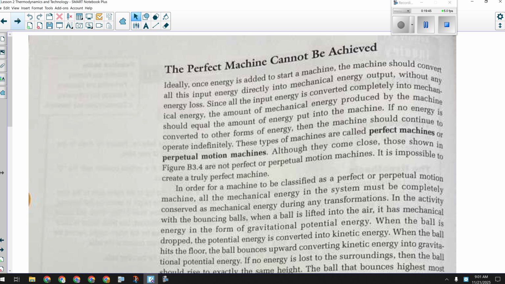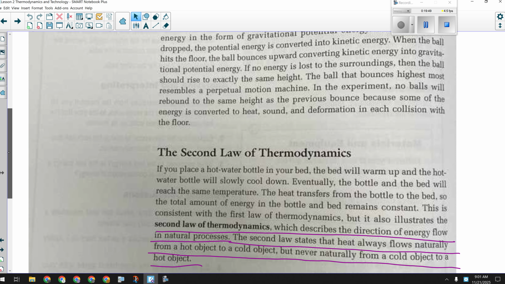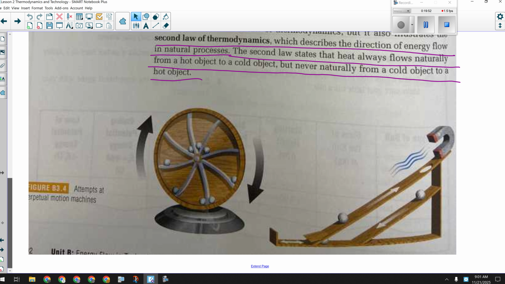Now, people had ideas. They had ideas about how they could make a perpetual motion machine. These were two of them. The first one was this wheel with ball bearings in it, and it was kind of like slices of pie, except they were slightly bent, slightly arched.